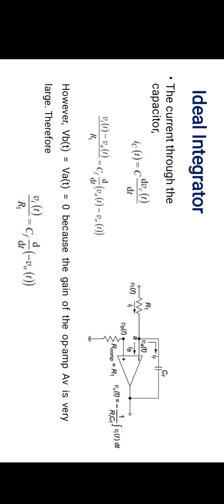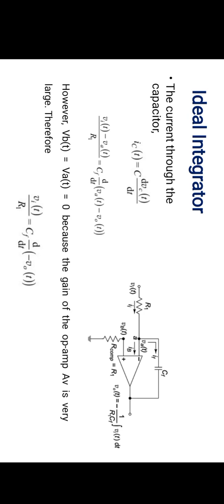Next, the ideal integrator. The ideal integrator circuit is obtained by using a basic inverting amplifier configuration in which the feedback resistor RF is replaced by a capacitor CF.